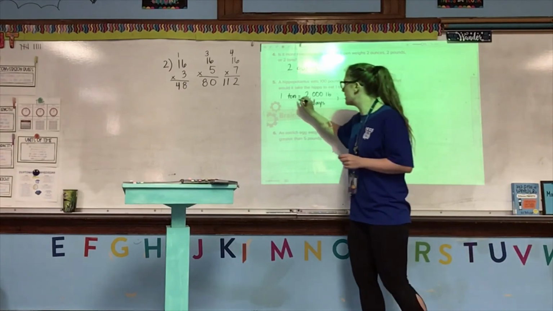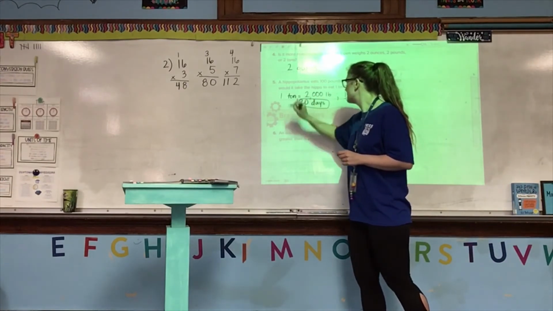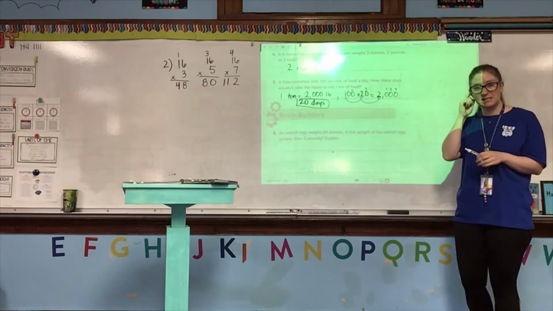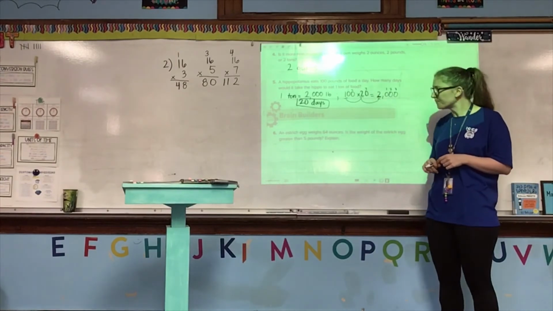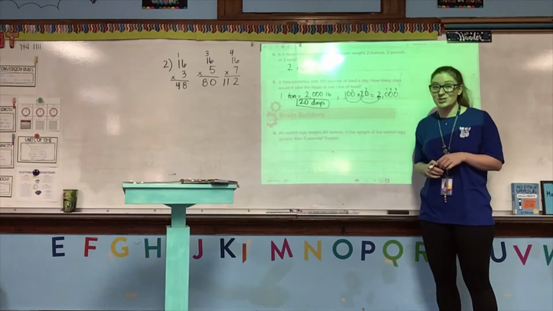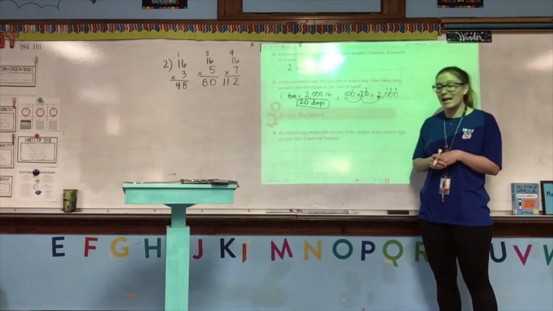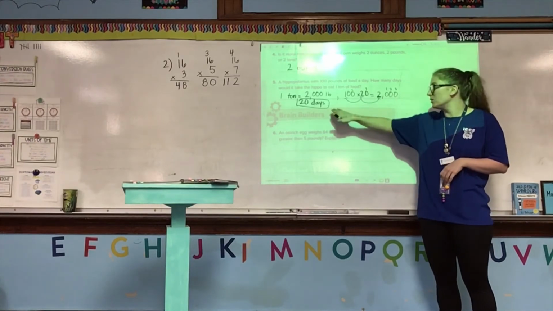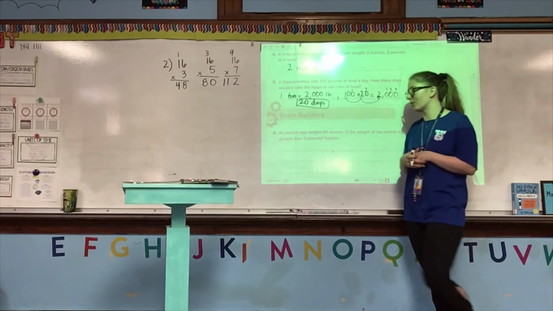So the answer is 20 days. Now you may have solved that a different way. You had to use some reasoning skills because we haven't worked with that. And that's okay as long as you did show some work and you did it on your own. So as long as you've shown work and you ended up with 20 days, you are correct.